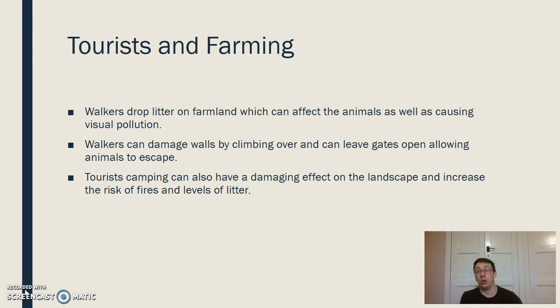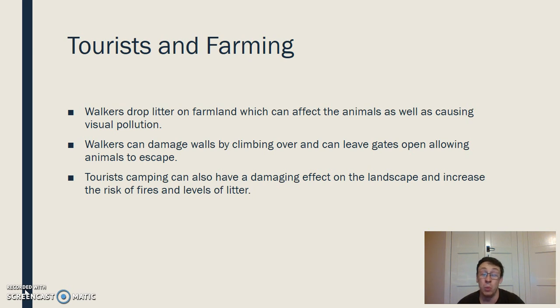Now, also, if you've got lots of tourists camping, now obviously in the Lakes, the rules are slightly different from what they are in Scotland, in that camping is much more restricted. Wild camping isn't quite as prominent or legal in the Lake District as it is in Scotland. So if they are camping, you have an impact of obviously the tents and the campers themselves, and you know the amount of litter and whatnot that can create, but also you've got potential problems with people setting fires.